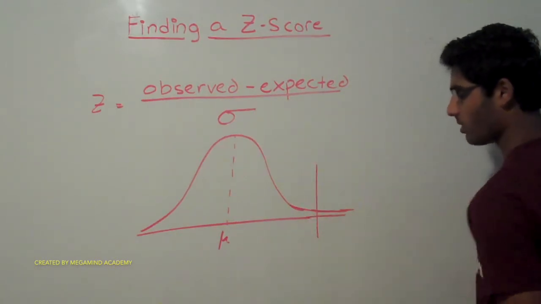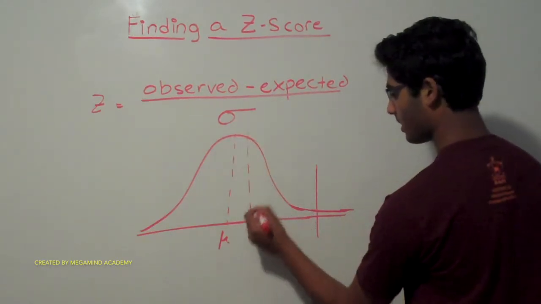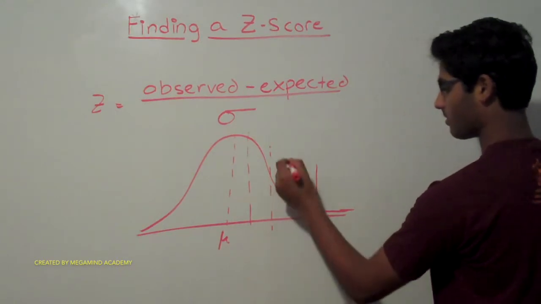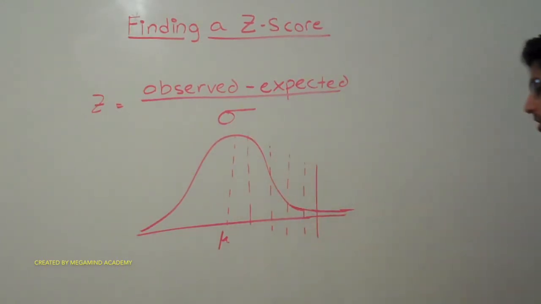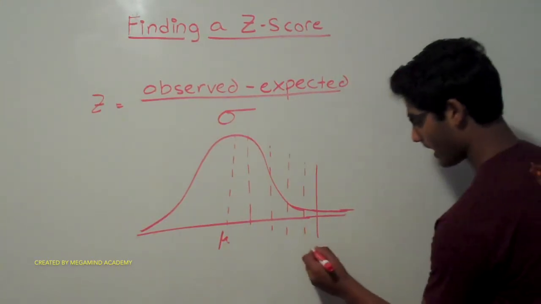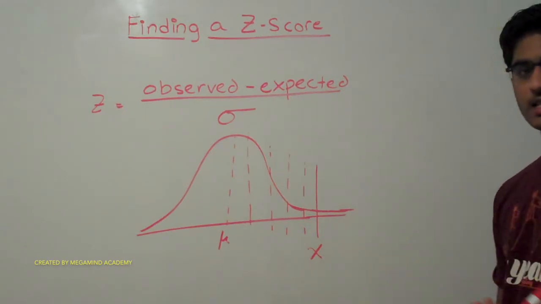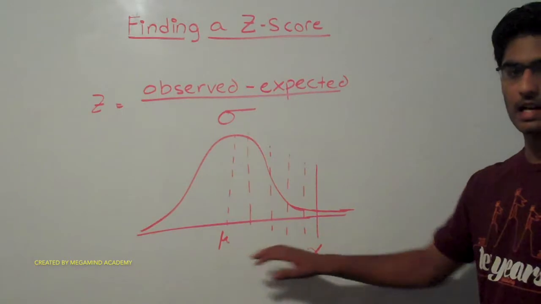And so the student would probably fall around here. So there's 1 standard deviation, 2, 3, 4, and then 5 standard deviations. So this is where the student would fall. So this is what their x value would be. So the z-score basically tells us how many standard deviations away from the mean our point was.